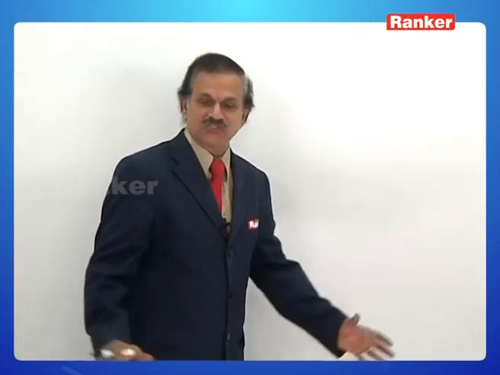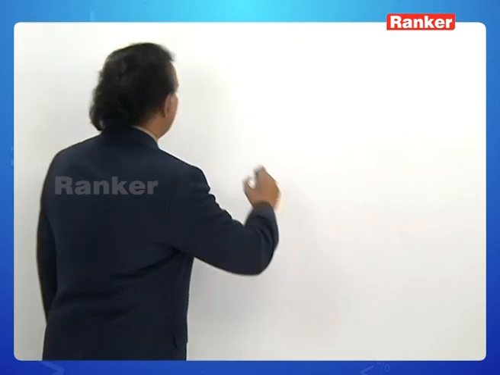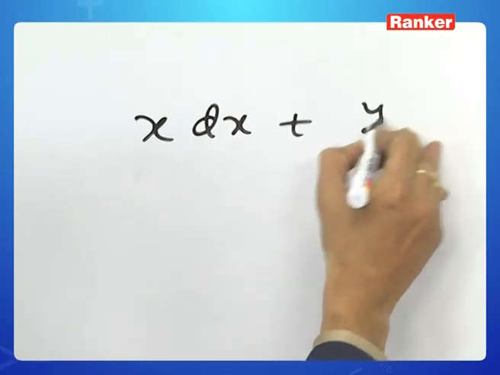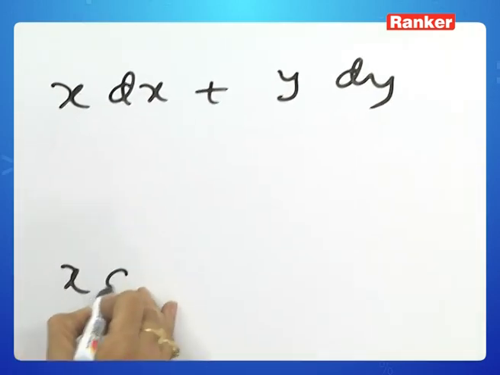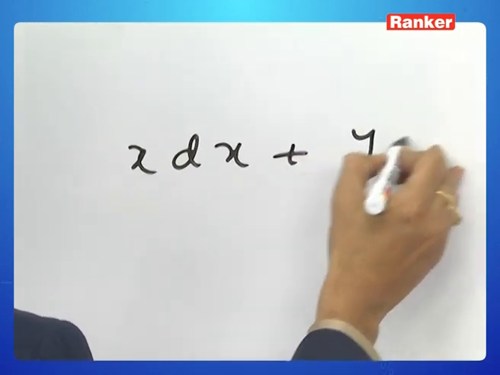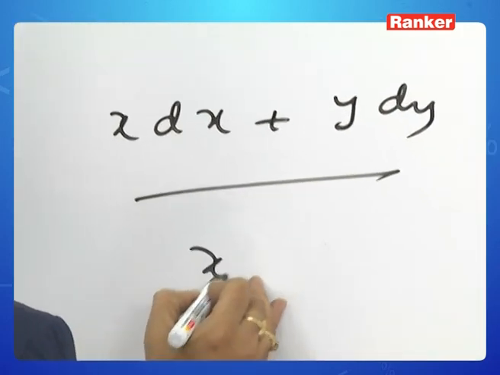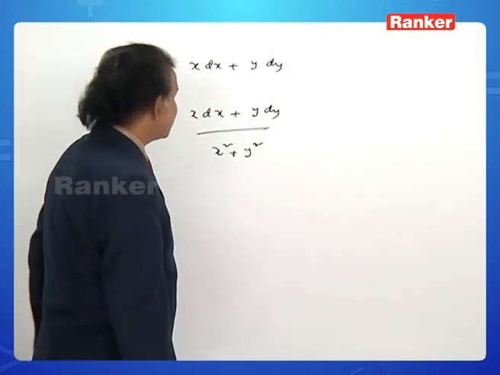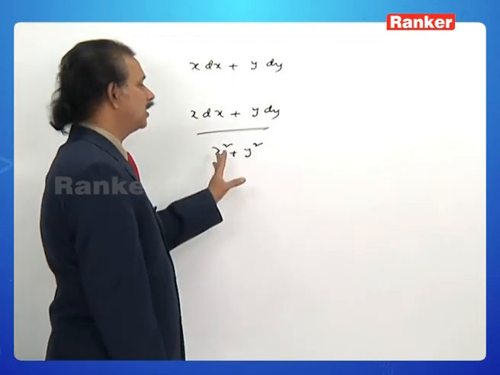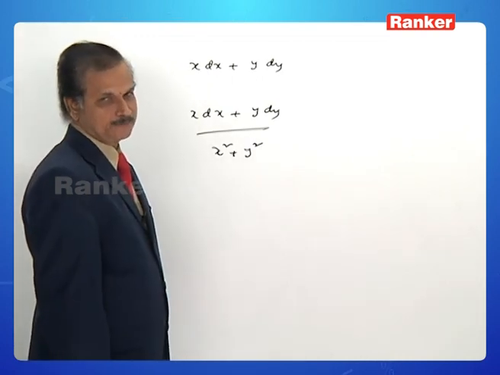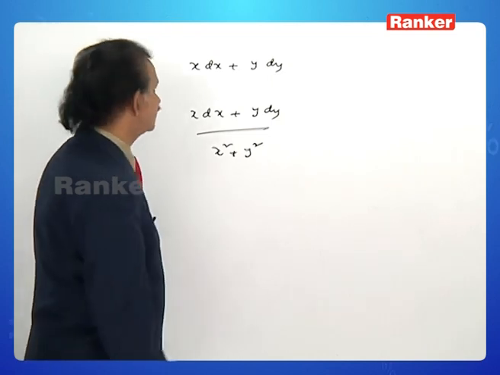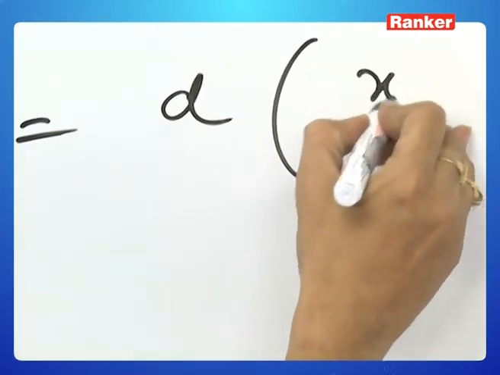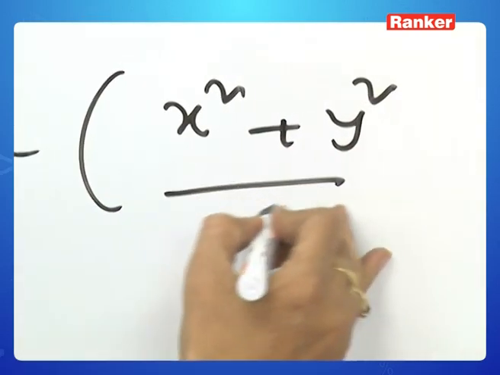We shall now gather the similarities among all these differentials. Look here. x dx plus y dy, and (x dx plus y dy) by (x square plus y square). These are the only things we could have come across. What is this x dx plus y dy? d of (x square by 2 plus y square by 2).